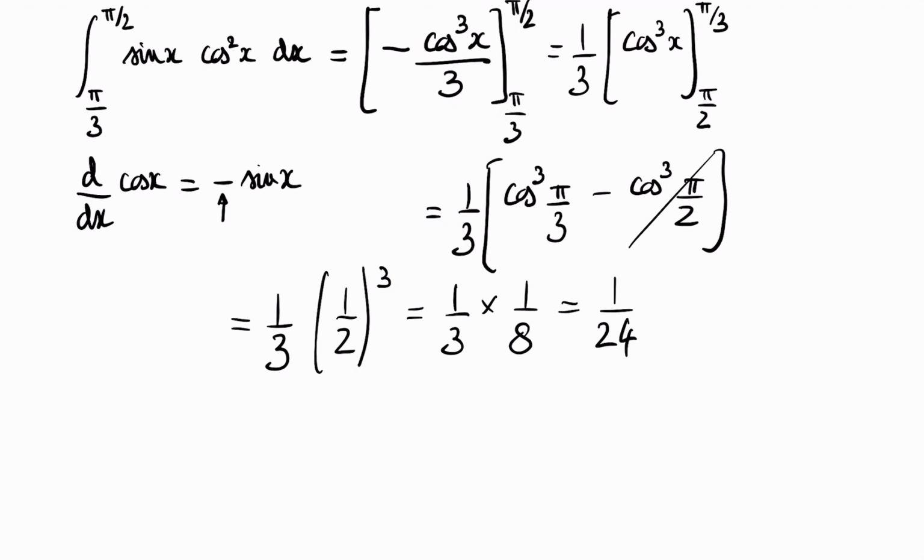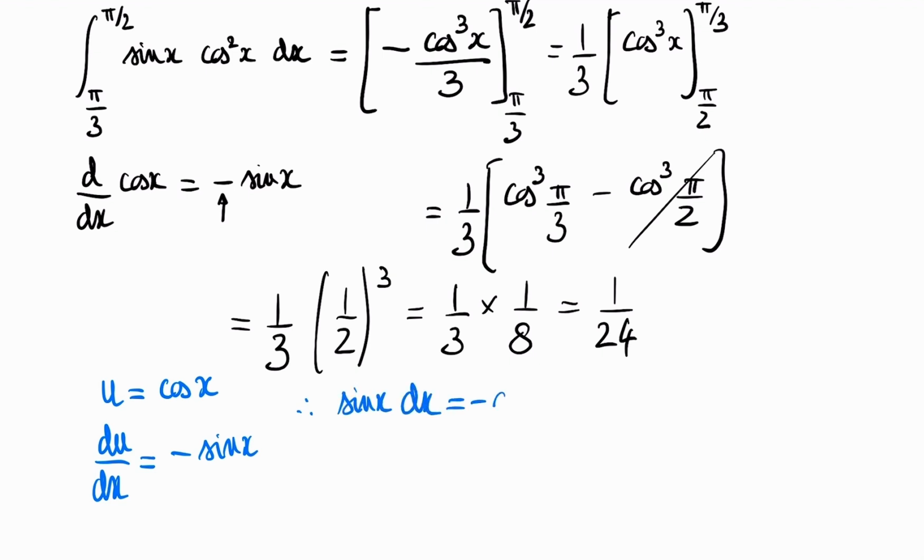Otherwise, you can do that with substitution. What I could have done is let u equal cosine x. That means that du over dx is equal to minus sine x, so sine x dx is equal to minus du.